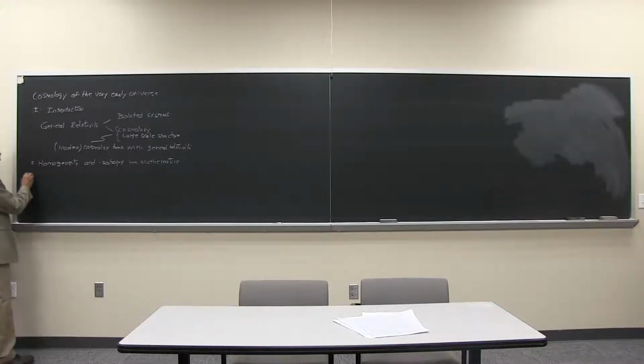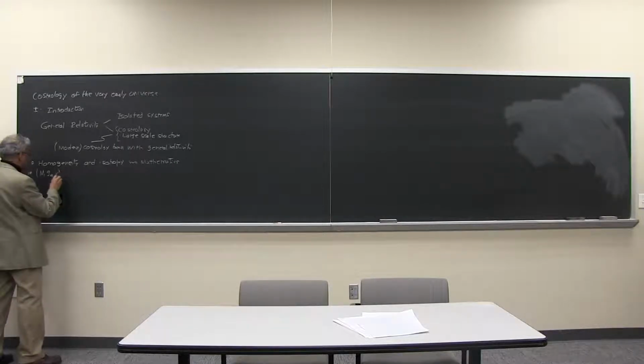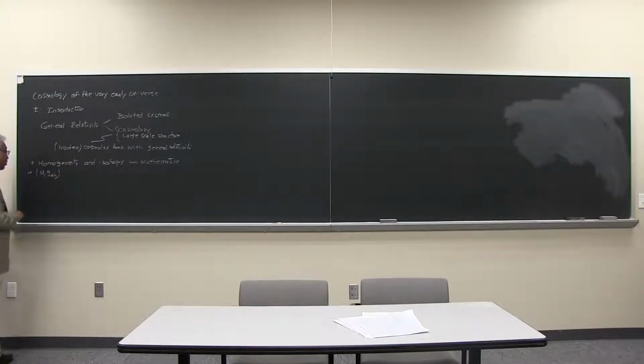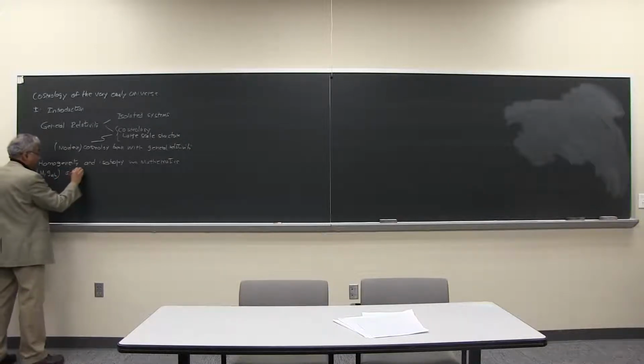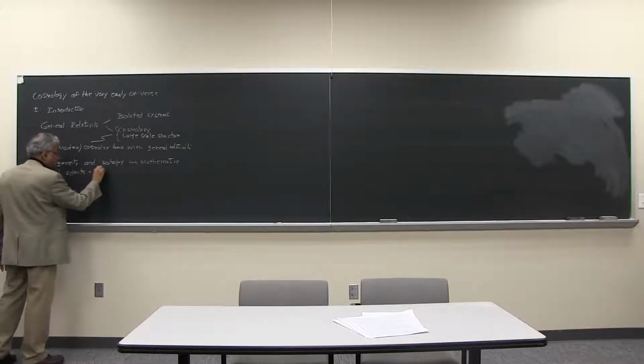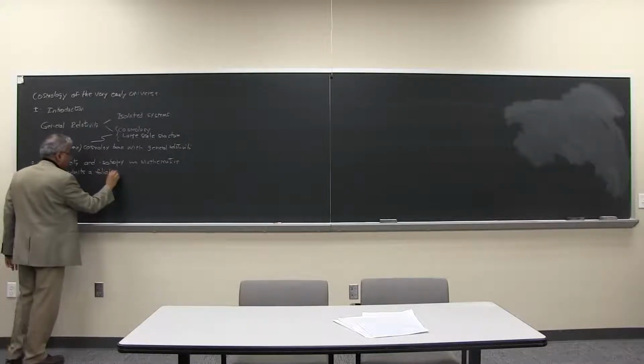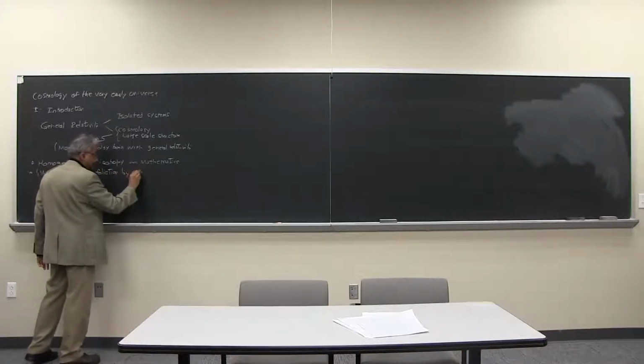So what do homogeneity and isotropy mean? Our physical space-time, now again changing the notation, I won't put any hats, the physical space-time is just (M, g_ab), because we're not going to do any completions. So physical space-time is said to be isotropic and homogeneous if it admits a foliation by space-like surfaces. This is an assumption.